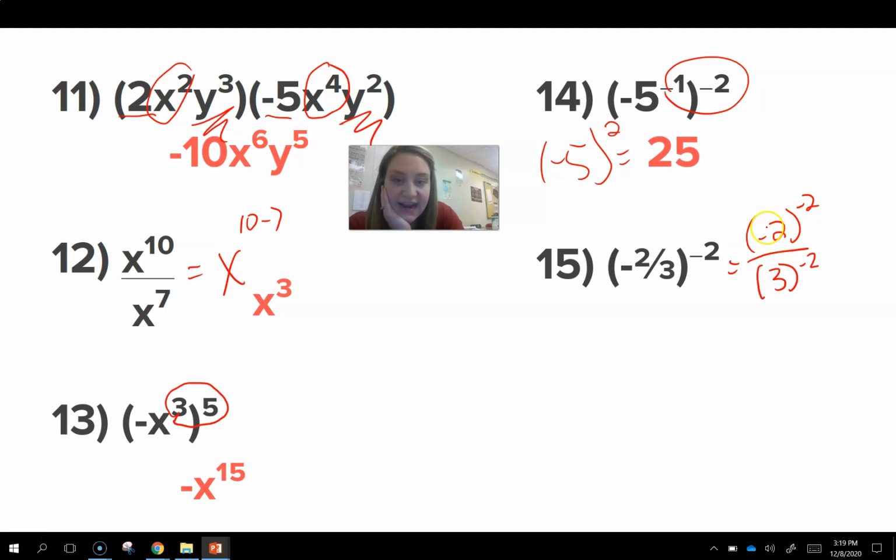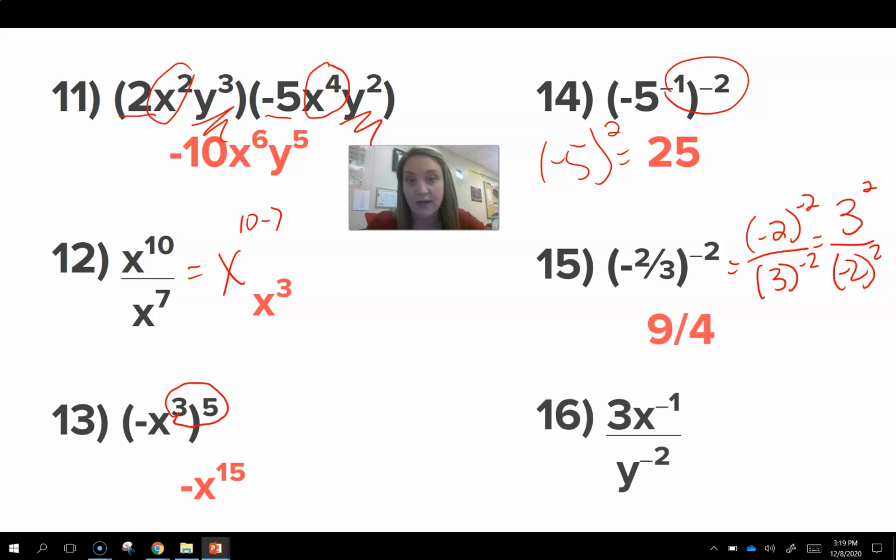So negative 2 squared should not be on the top. It should be on the bottom because my exponent's negative. And 3 to the negative 2 power in the bottom is wrong. It should be at the top. So I can rewrite this as putting 3 squared in my numerator and negative 2 squared in my denominator. Now that I've put them in their right places, now we can simplify. 3 squared is 9. Negative 2 squared is 4.